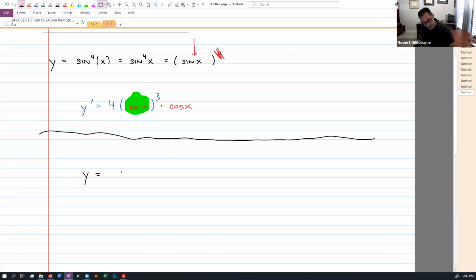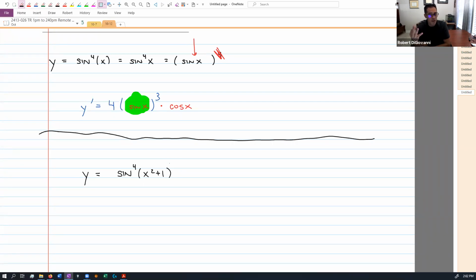I'm going to take sine to the 4th, but inside I'm going to put x squared plus 1. I want the derivative. Now, I said I haven't done anything like this, and the reason it's different is because this is actually a triple composition.